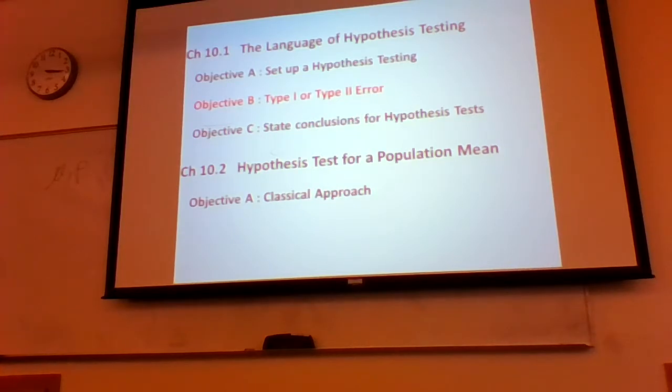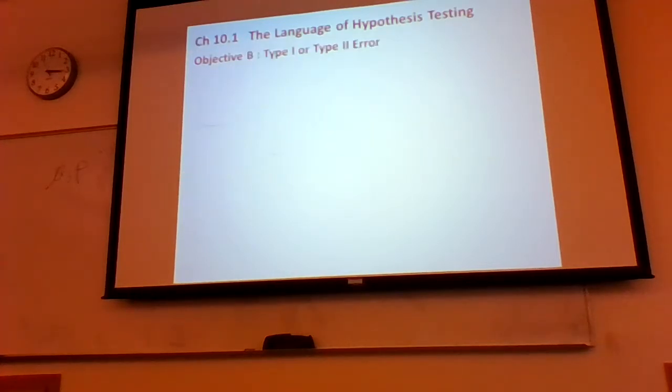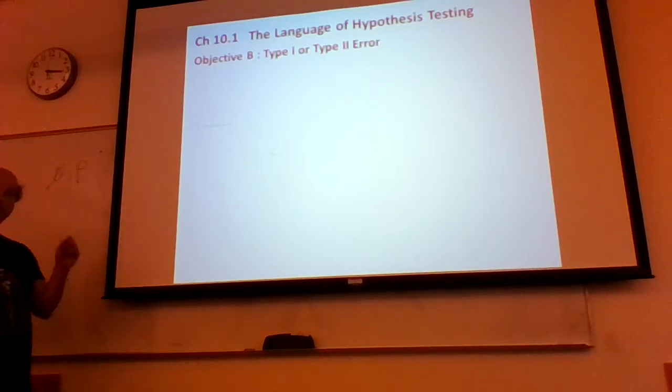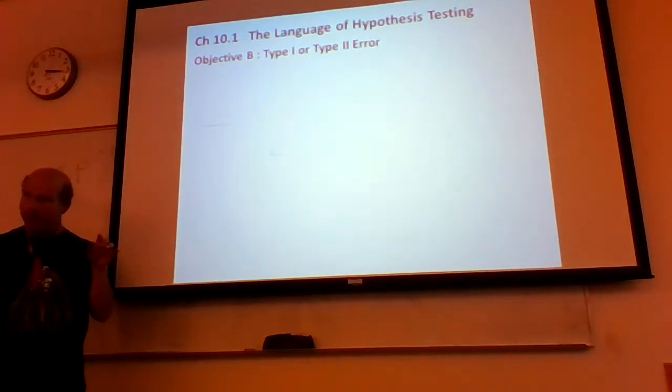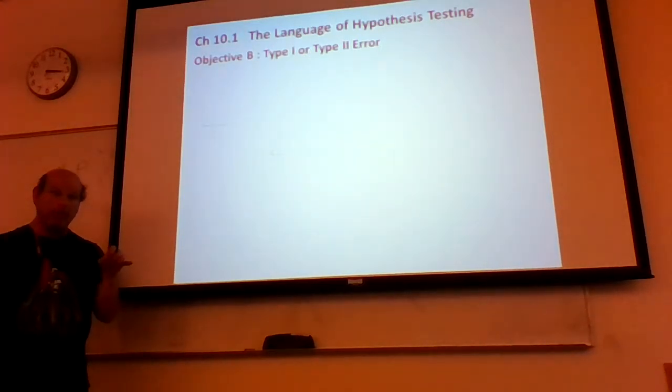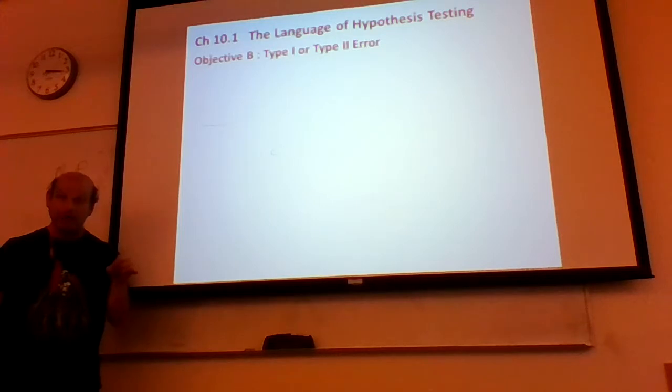Now, there are errors that can occur when you reject the null hypothesis. One key thing I want to tell all of you is that you can either reject the null hypothesis, or you can not reject, or do not reject, the null hypothesis.